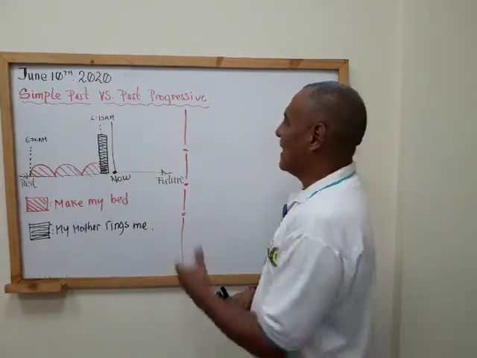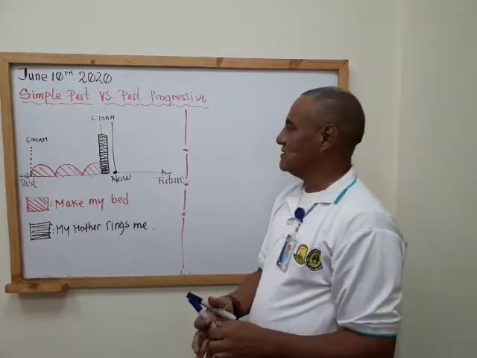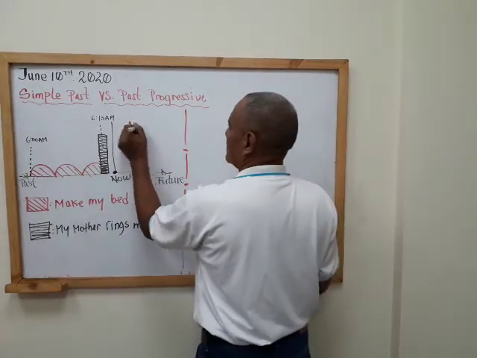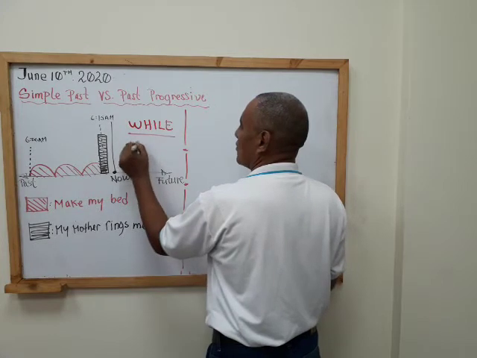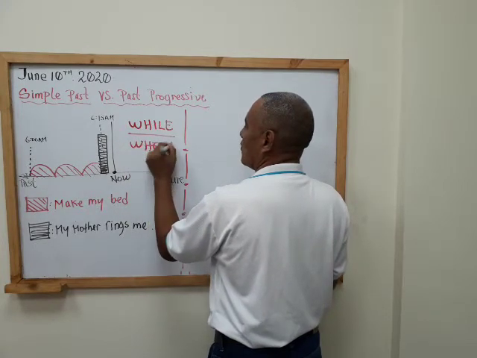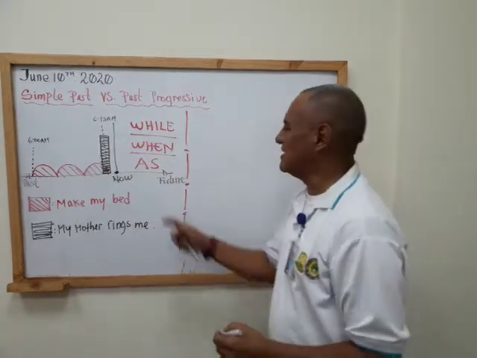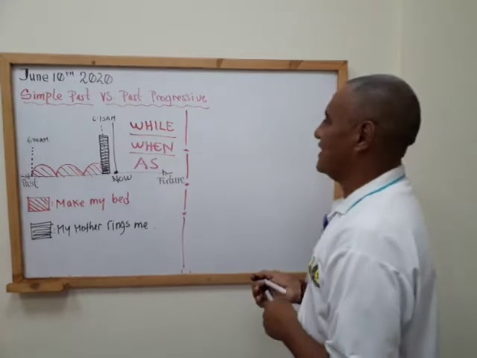Then, how are we going to put these two ideas together? So, similar to the other one, then we need here while, mientras, or when. Then as is also possible. Then as is similar to when. Okay.